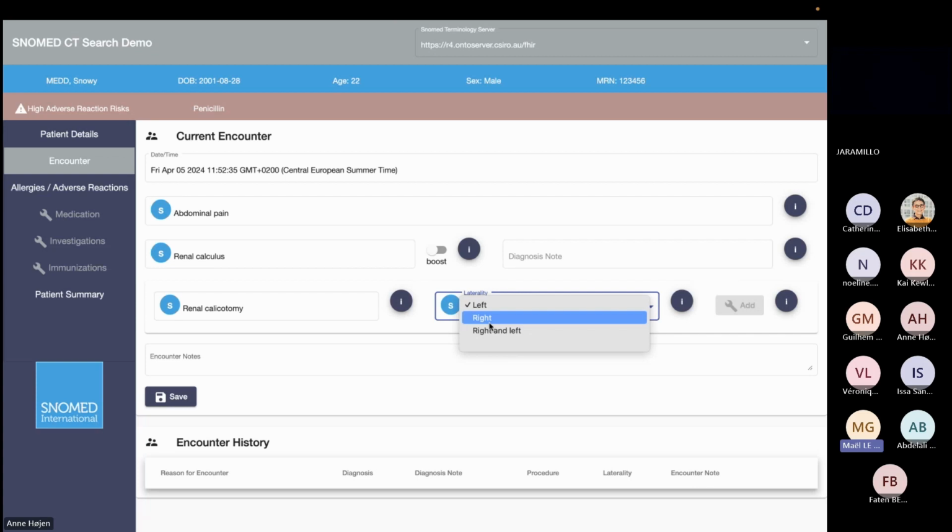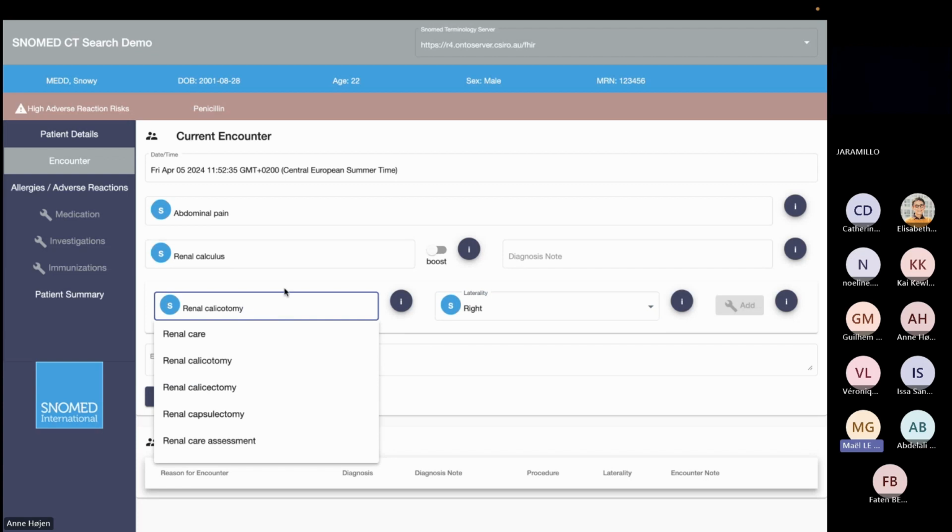So we have a subset in SNOMED CT where we specify all those body structures that are lateralizable. And this is a very important subset because it enables us to easily help the clinician not to lateralize something that is not lateralizable, but also identify that yes, we need to specify a laterality in this case.